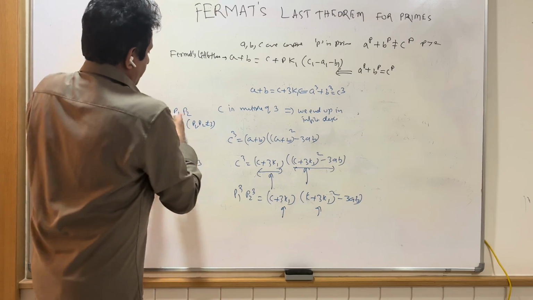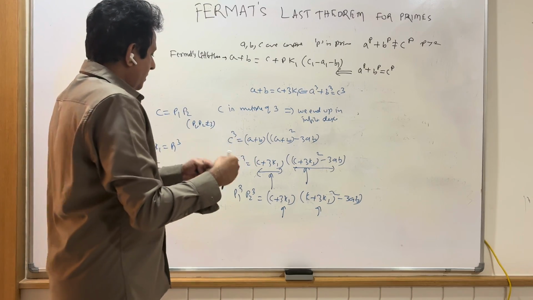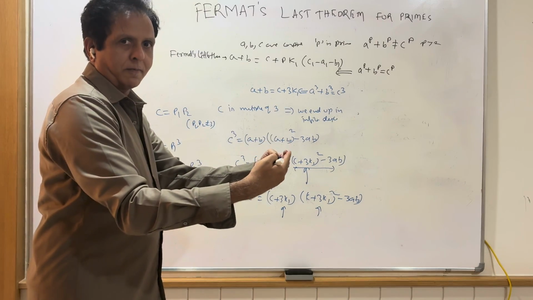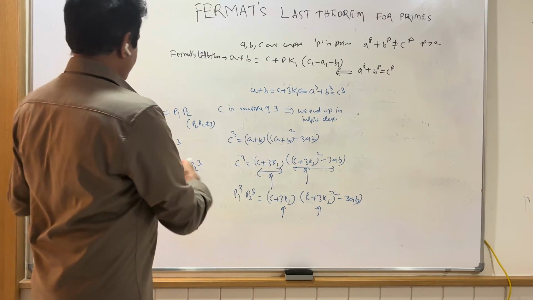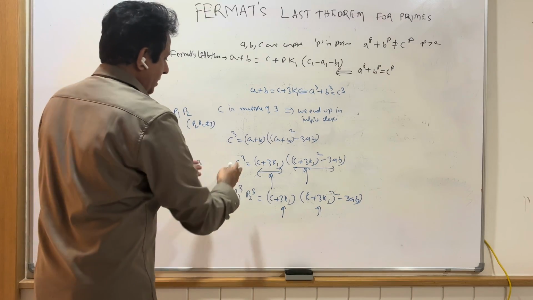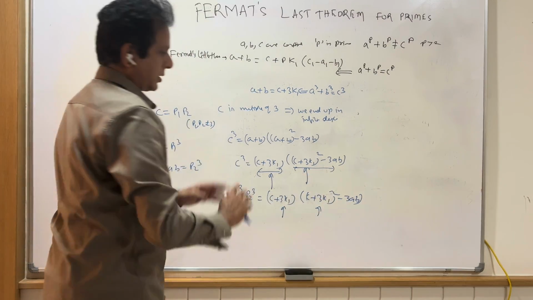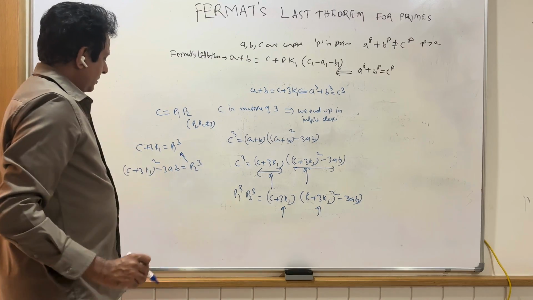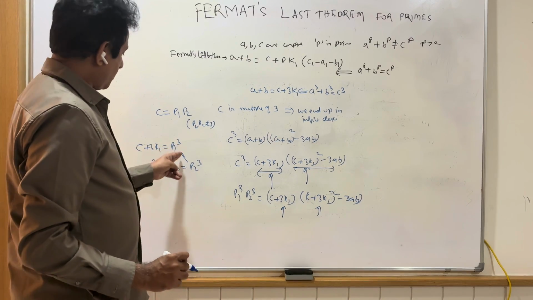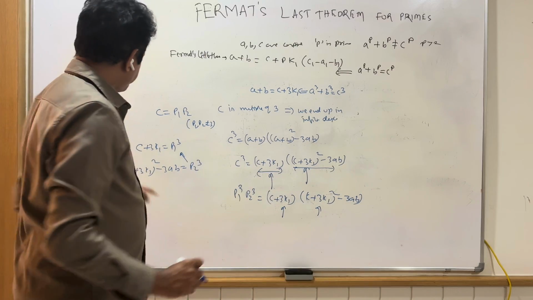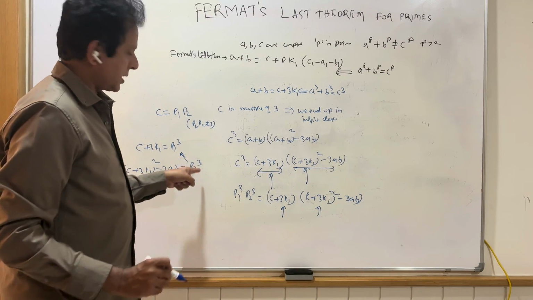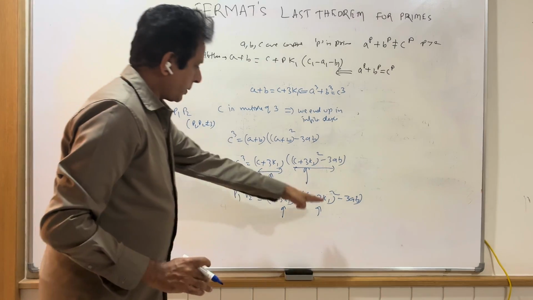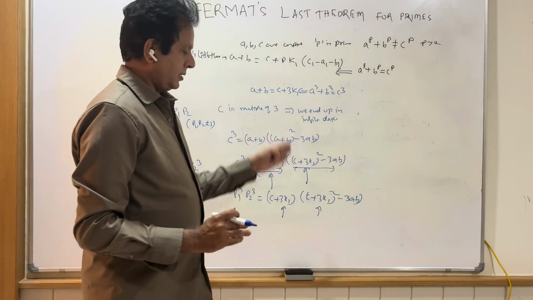The factors will be like p1 and p2. So if c cube is equal to a plus b into something, and these are co-primes, then a plus b must be p1 cube and (a plus b) whole square minus 3ab must be p2 cube. That is because they are co-primes, so individually they must be cubes.